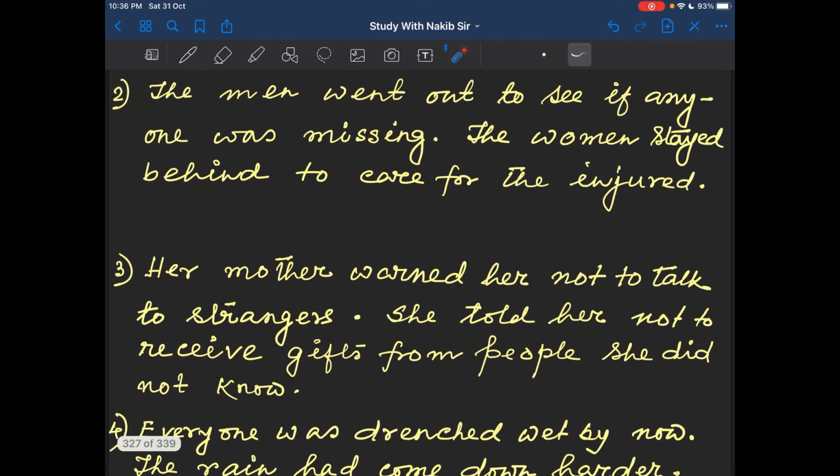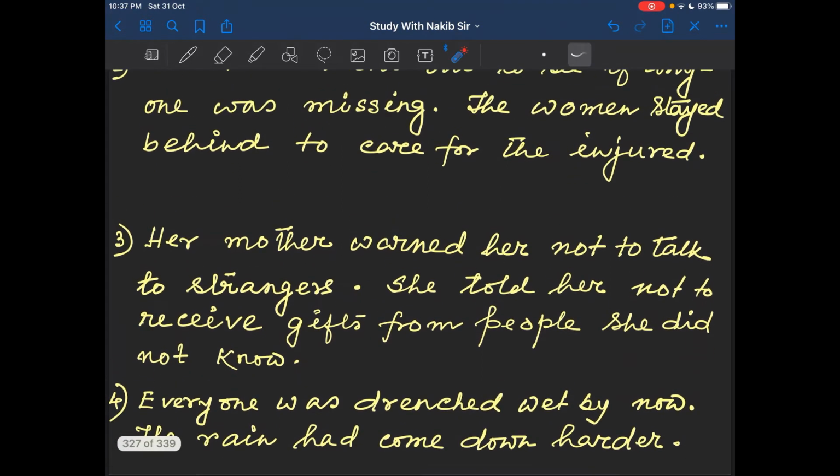Her mother warned her not to talk to strangers. She told her not to receive gifts from people she did not know.